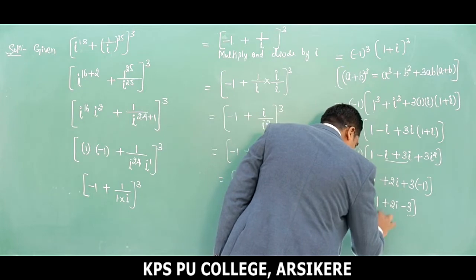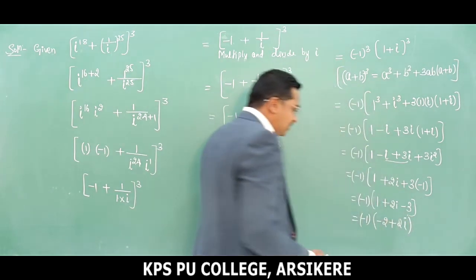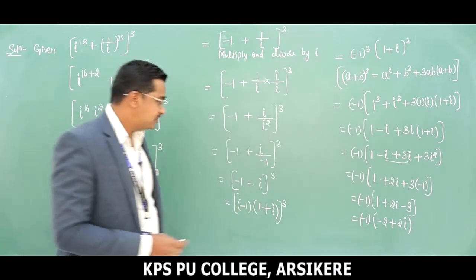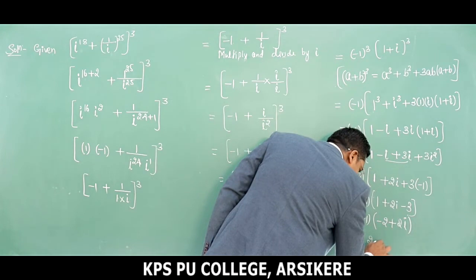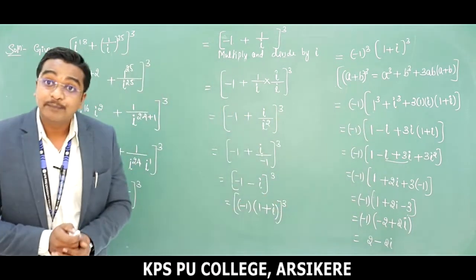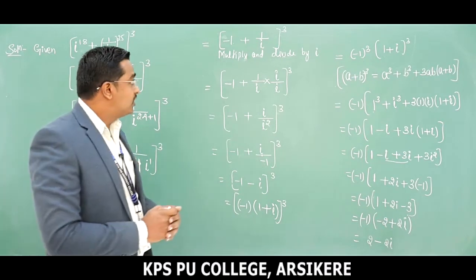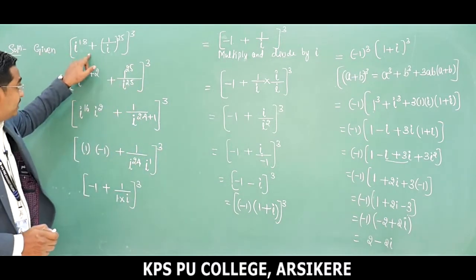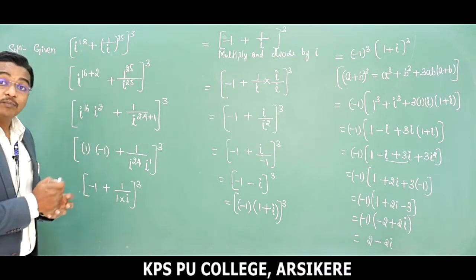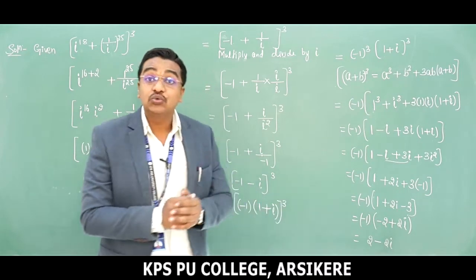Minus 1 times minus 2 plus 2i. Now multiply by minus 1: minus into minus becomes plus, plus into minus becomes minus. We get 2 minus 2i. Therefore the required evaluation of i power 18 plus 1 divided by i power 25 whole cube is equal to 2 minus 2i.